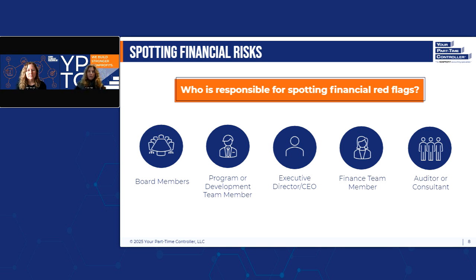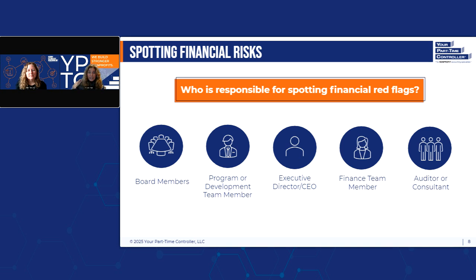For the board members in the group here, if you've ever attended one of our board training webinars, you know that the board members have a fiduciary responsibility to every organization you represent. Part of that duty includes ensuring the not-for-profit's financial health. One of the ways you do this is by reviewing financial statements on a monthly basis to evaluate the organization's health.